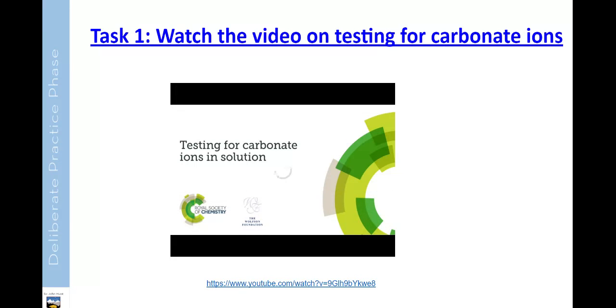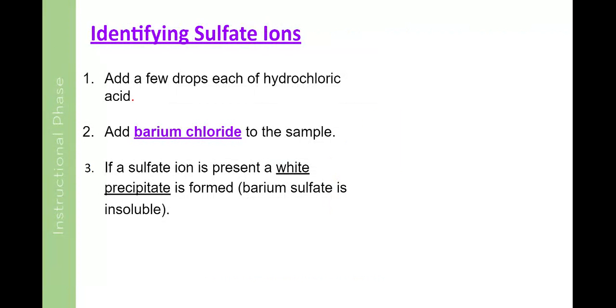Okay, so that takes us on to identifying the next negative ion, which is sulfate. Sulfate ions, SO4 2-. So in order to test for sulfate ions, you've got an unknown compound.